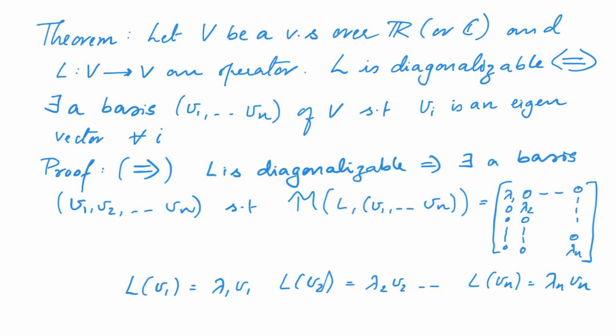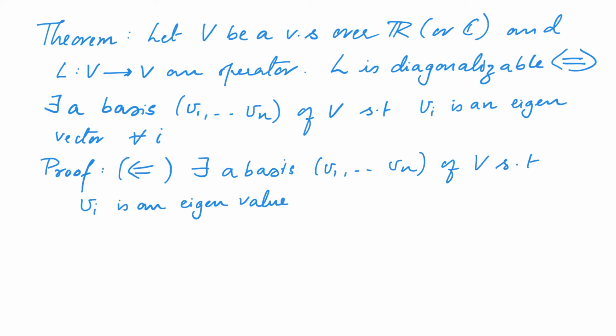Now let us see the proof of the other direction. Suppose there exists a basis V1, V2, V3, etc. up to Vn of V such that Vi is an eigenvector, say L of Vi is equal to lambda i Vi.